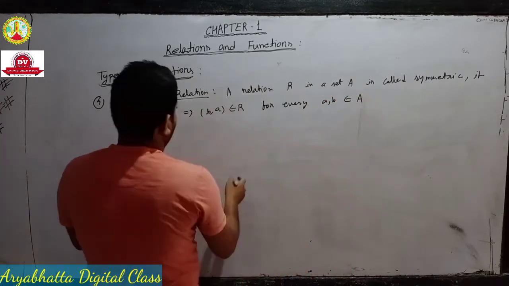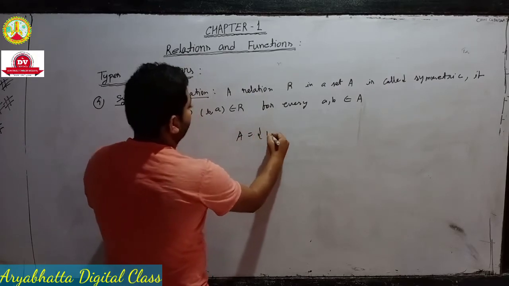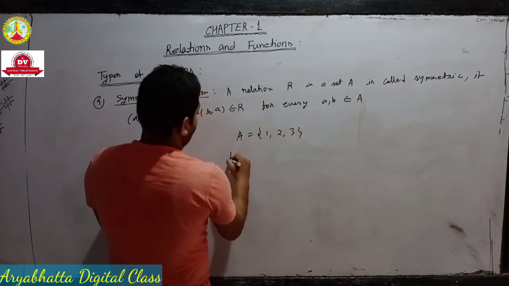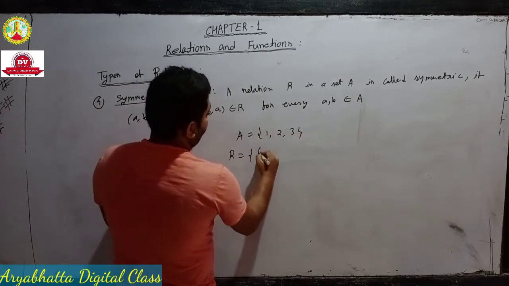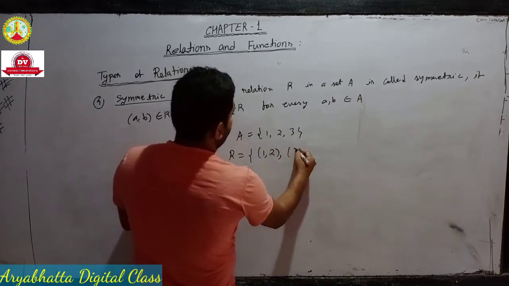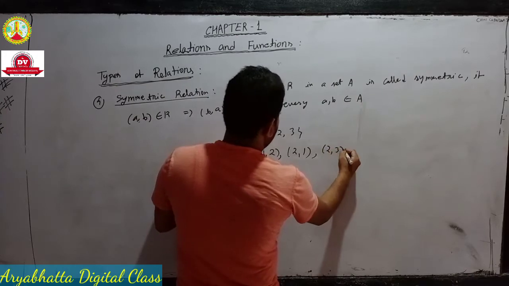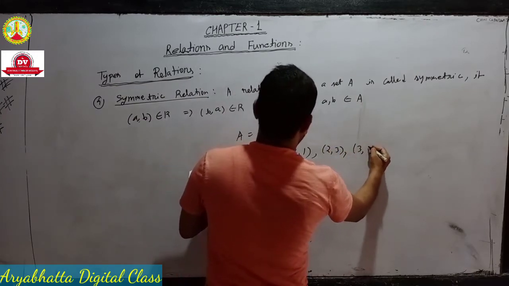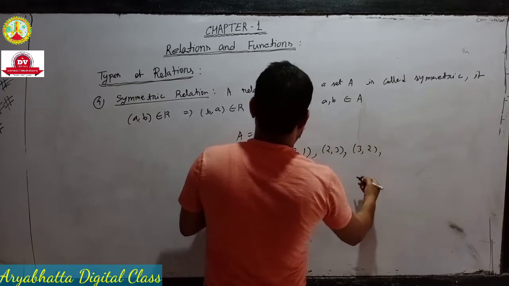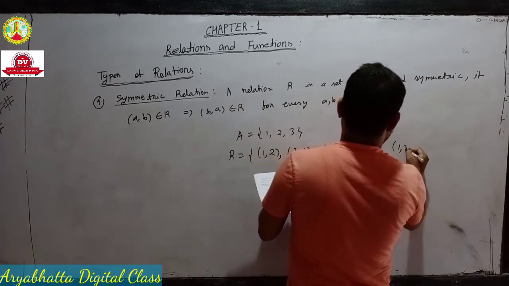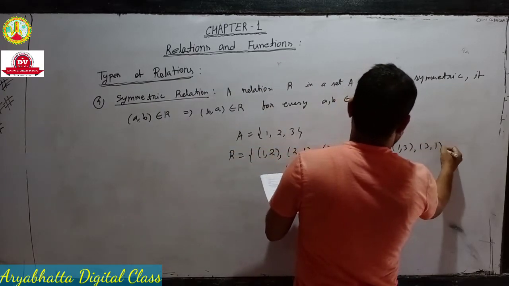We take an example. A is a set of the elements 1, 2, 3. R is a relation (1, 2), (2, 1), (2, 3), (3, 2), (1, 3), (3, 1).